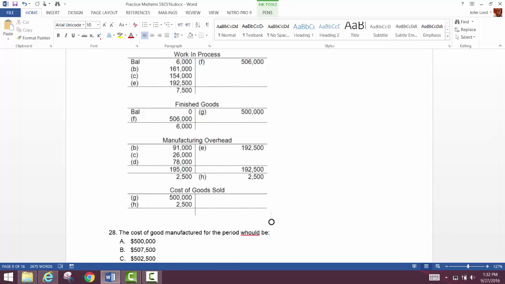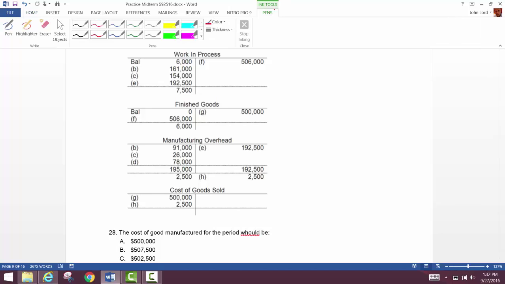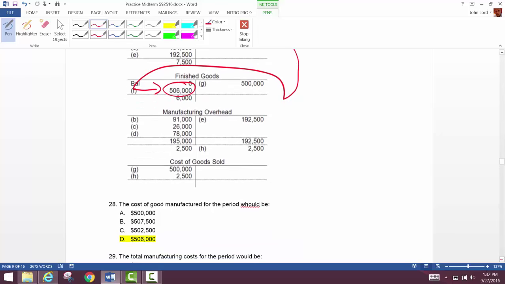Cost of goods manufactured comes out of work in process and goes into finished goods, which is what I think you were saying. Okay, so it's that number right there. Isn't that what we do for our cost of goods manufactured? Okay, good.